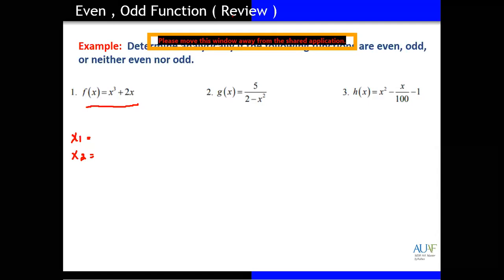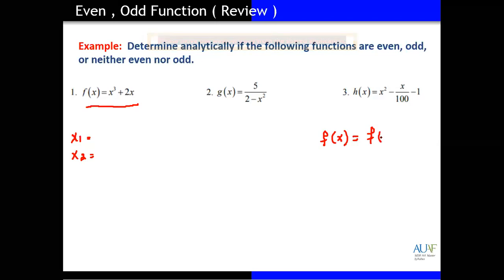We have the first function f of x is equal to x cube plus 2x. Let's suppose we want to prove even or odd function. For even function, if f of x, the positive value, is equal to f of minus x, both positive and negative values give the same result, that function is called even function.